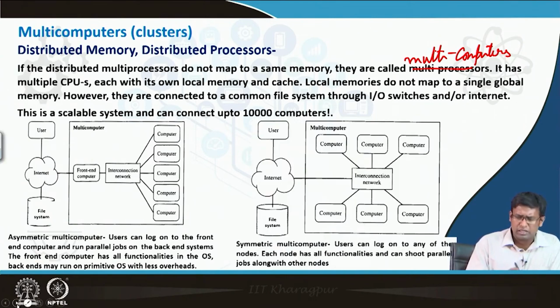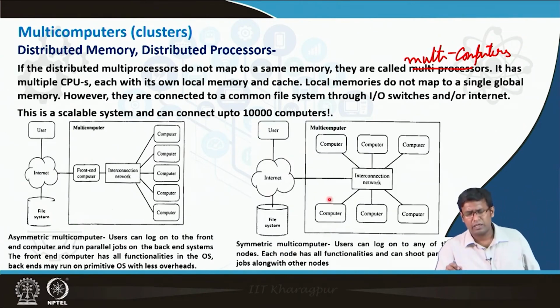The other one is a symmetric multi-computer, where the internet is connected to the interconnection network and it can access any of the computers. These computers can communicate with other computers, make a group among them and launch a job. So each node has the functionalities and can launch a parallel job alongside the others.